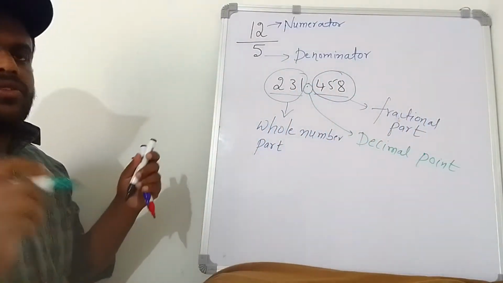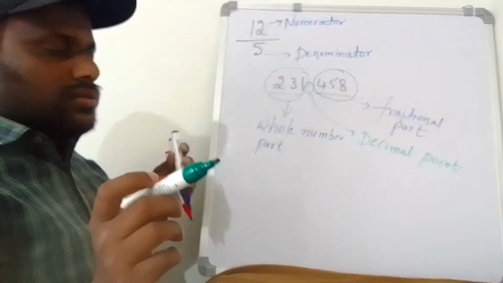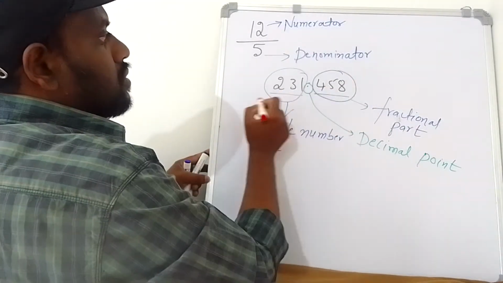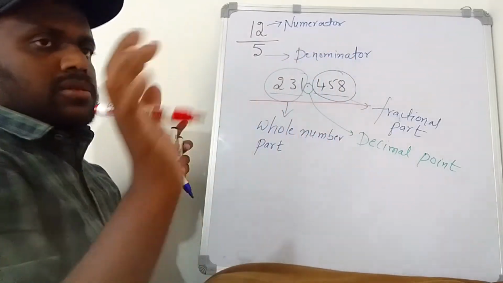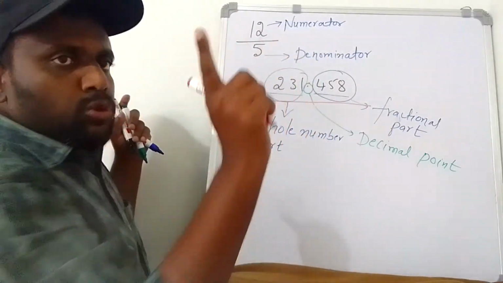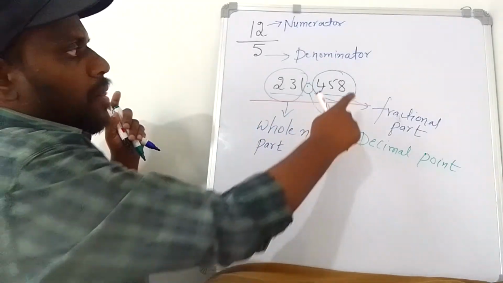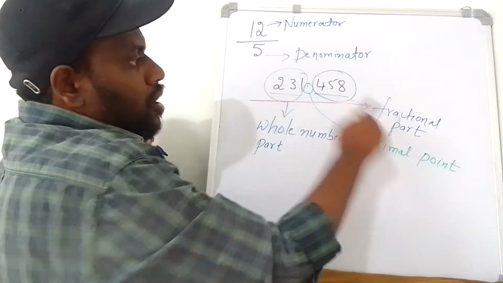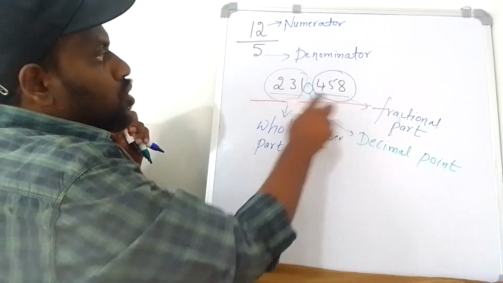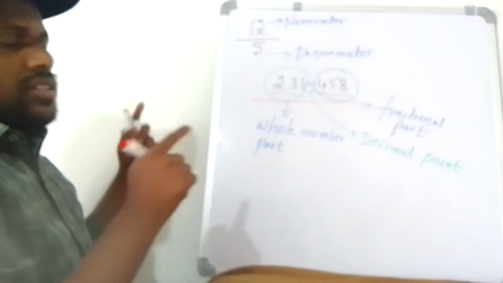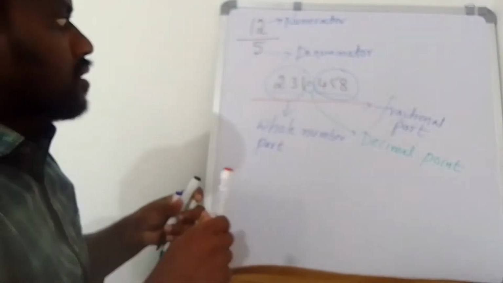So a decimal number is a number that consists of two parts, namely the whole number part and the fractional part, and these two are separated by a decimal point. That is the definition of a decimal number.